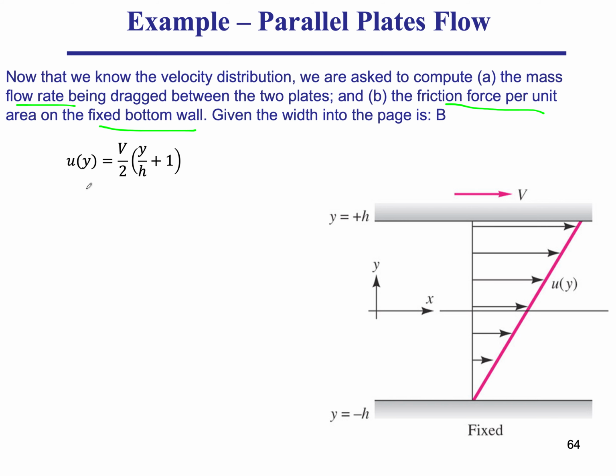So we have the velocity profile; now the mass flow rate. If I want to know the mass flow rate, I need to know which area we're looking at. We're looking at the area between the two plates. If my width into the page is b, then I would take an elemental area dA, and that dA is equal to dy times the width b, and the velocity perpendicular to it is u.